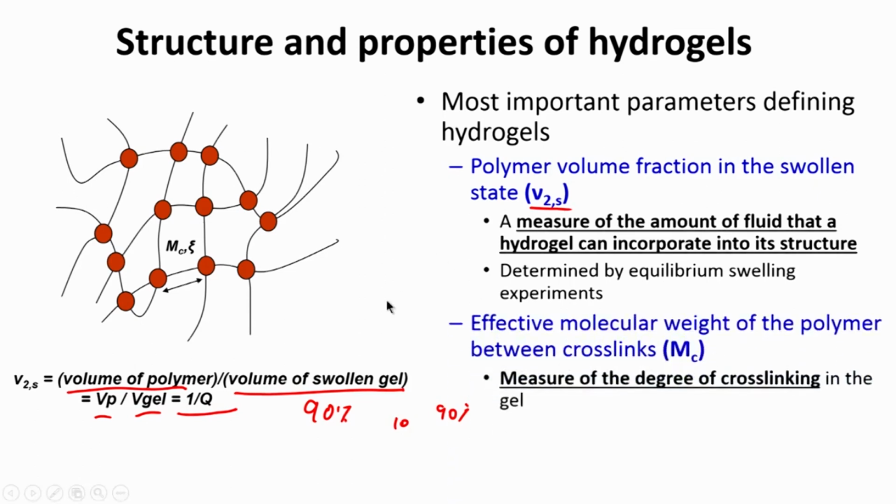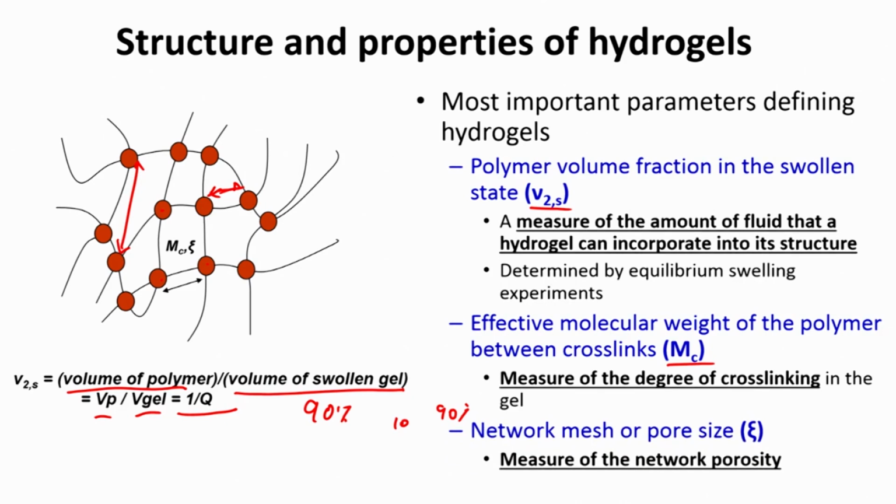Then you can have the effective molecular weight of the polymer between cross links. Let us say this is the cross link, and as I said, it will be non-homogeneous, so some cross links might be fairly well apart and some might be very close together. So, this is an average effective cross linking, and it is defined as MC. MC is nothing but the average distance between two cross links.